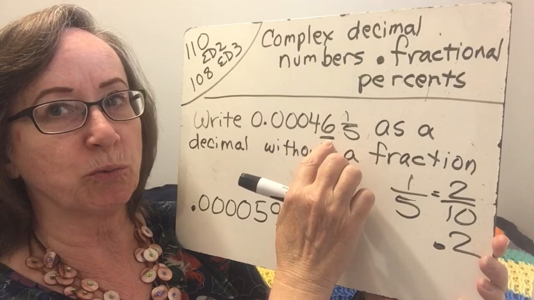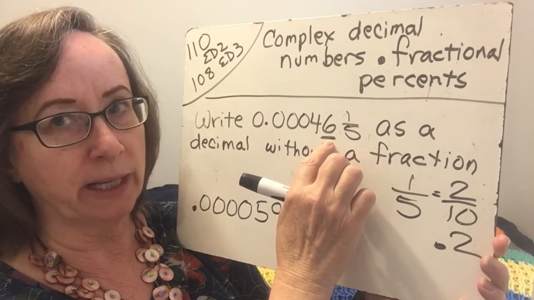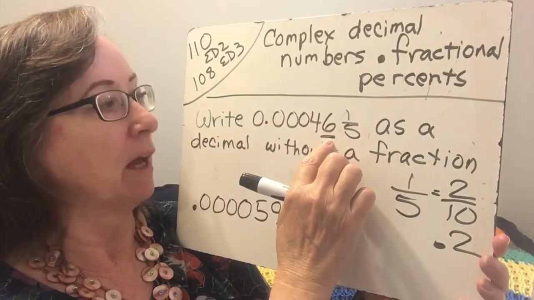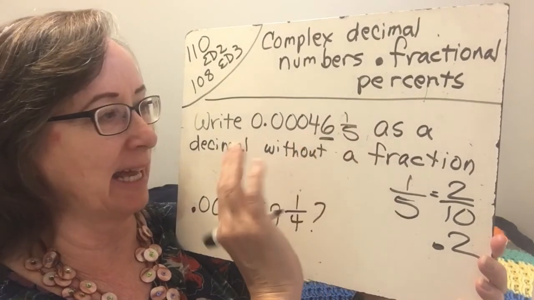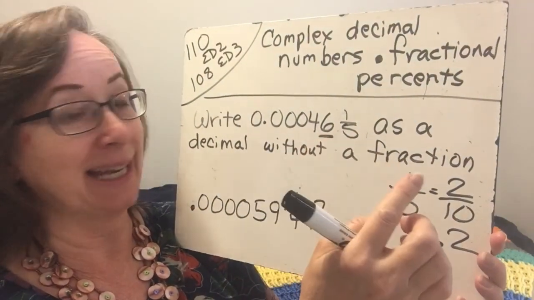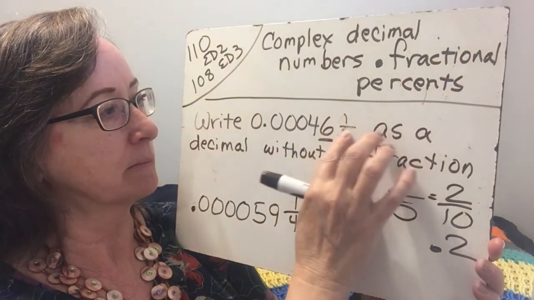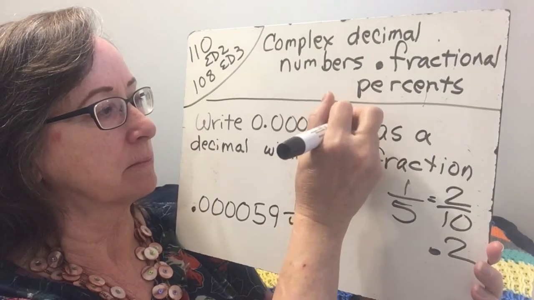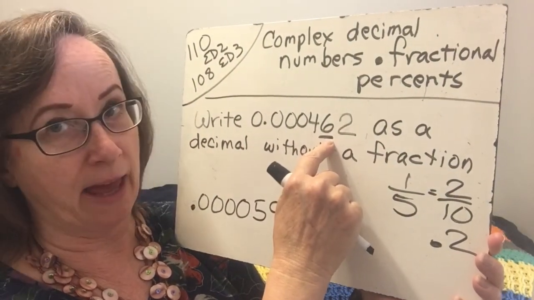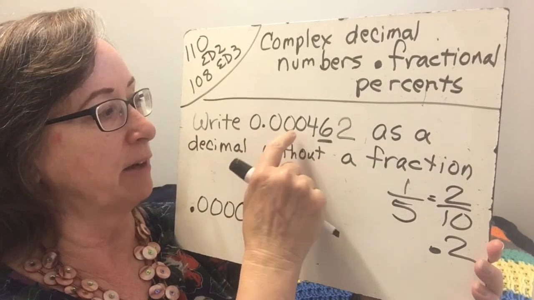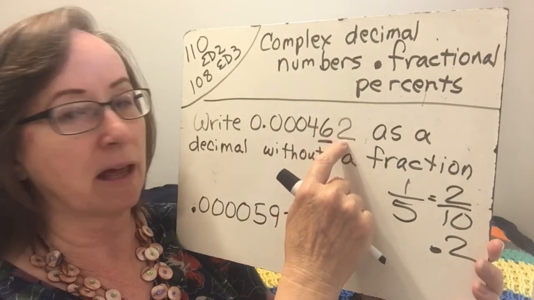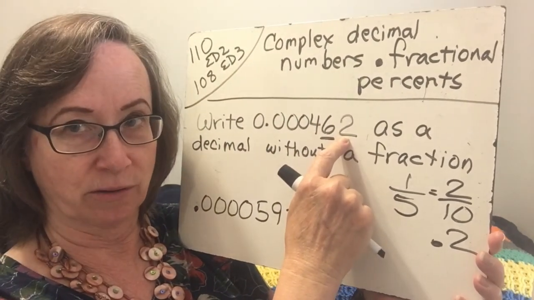So we would read that as 46 1/5 100,000ths. If we were going to read it verbally as a number, and when we write it as a decimal, then we would say that it is tenths, hundredths, thousandths, 10,000ths, 100,000ths, 1,000,000ths.